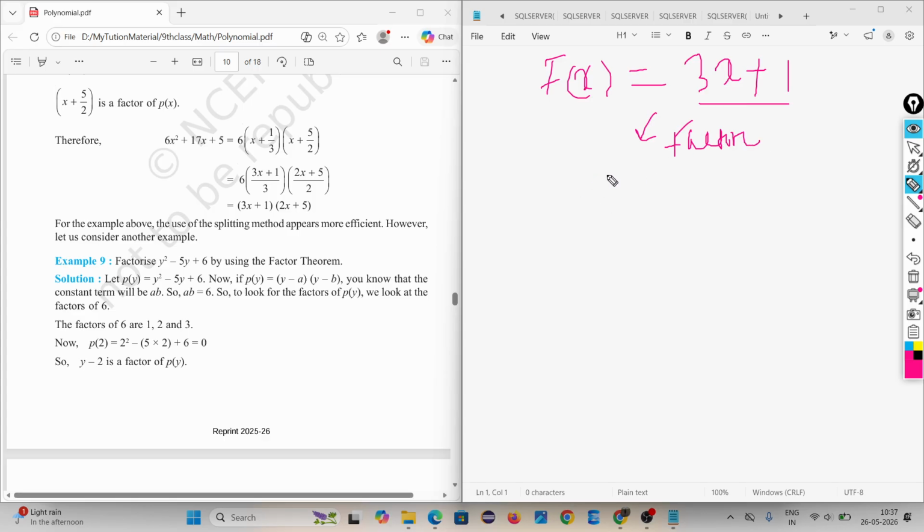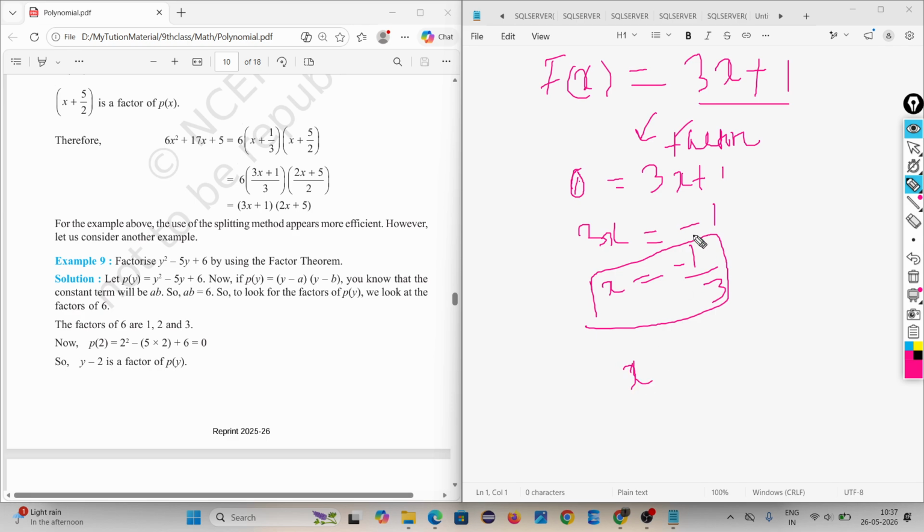You know how to find the zero? So f(x) means 0 equals 3x plus 1, then 3x equals minus 1, x equals minus 1 by 3. This is how you find the zero. This is the factor.